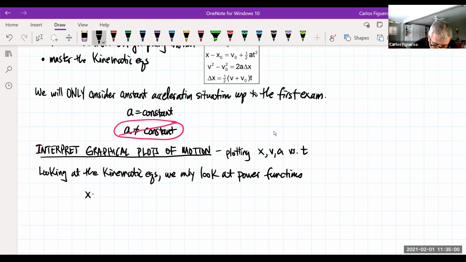That means that all of these functions are going to be some constant times t to the power n, where this guy is typically a constant, and n could be 0, 1, or 2, nothing more than that. So the position has that.